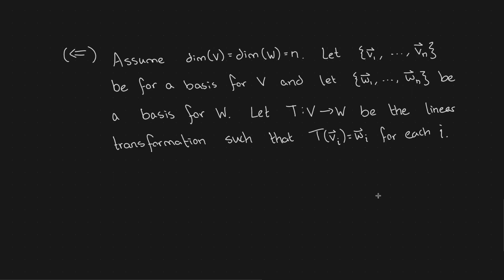What we want to show is that this isn't just any linear transformation, but an invertible linear transformation. To show it's invertible, we need to show the transformation is 1 to 1 and that it is onto.